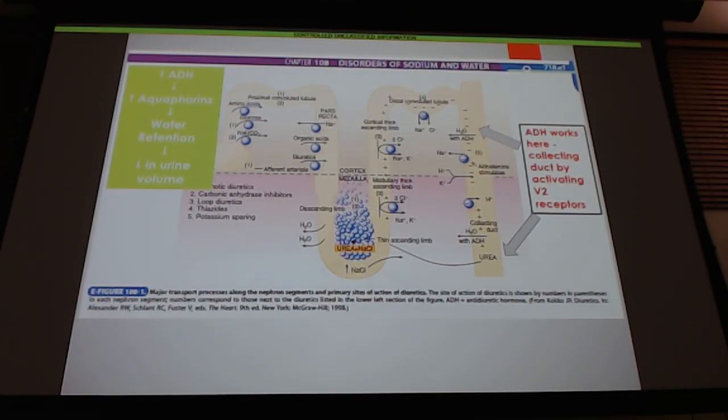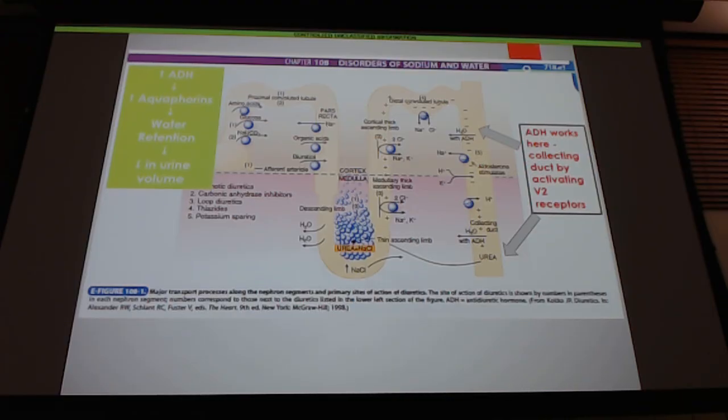So our nephron, who still knows the ins and outs of the nephron from A and P? Yeah, no, me neither. This is not to you. But we're going to talk about the collecting duct. So the collecting duct is where ADH works. So the body signals that the balance is off, and it needs more water in the serum.